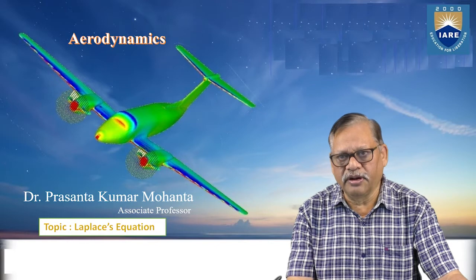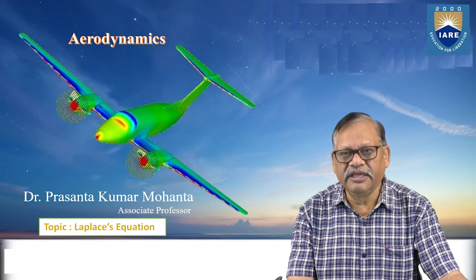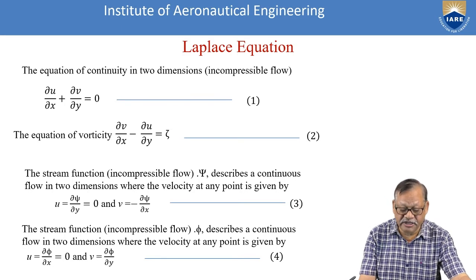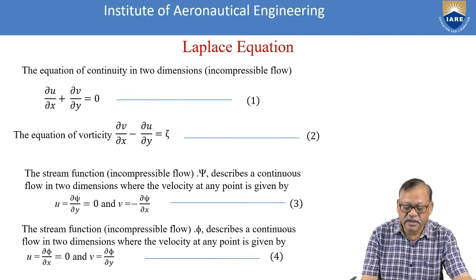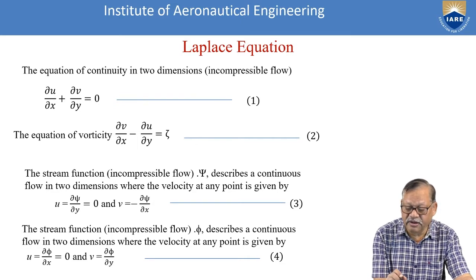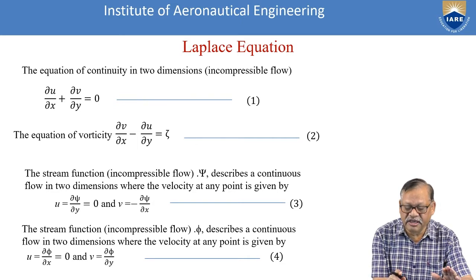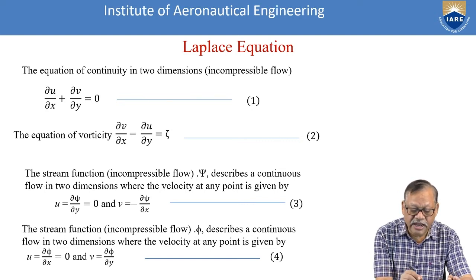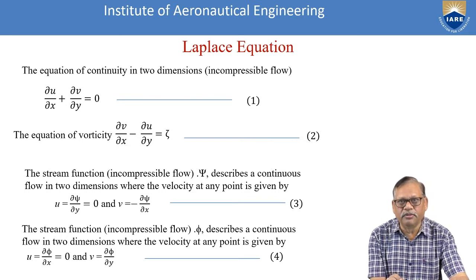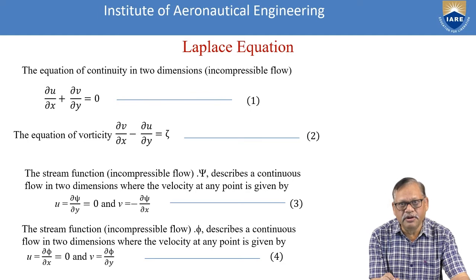Today we are going to talk about the Laplace equation, and how it is derived. We have to consider the basic fundamental incompressible flow continuity equation, dou u by dou x plus dou v by dou y is equal to 0.